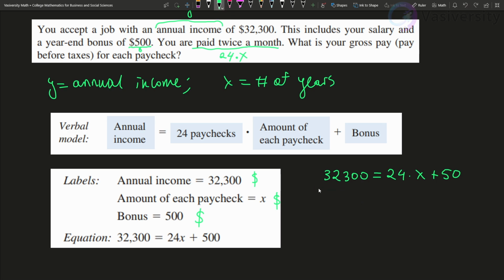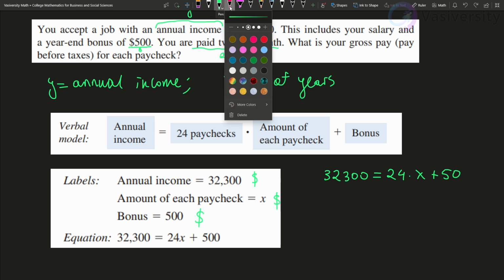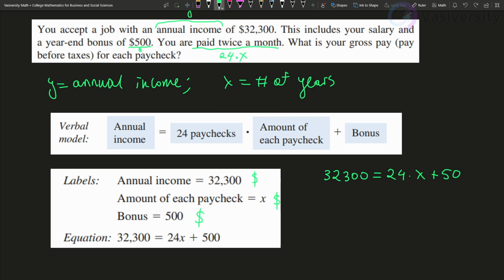We get negative 500, and positive 500 minus 500 is 0. So we will have 31,800 is equal to 24 times X.